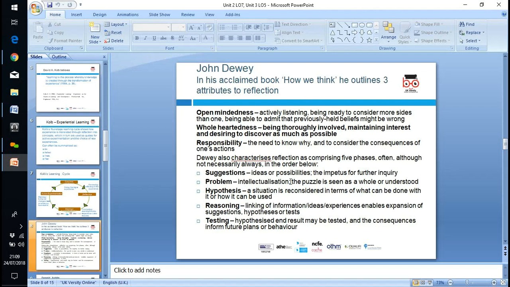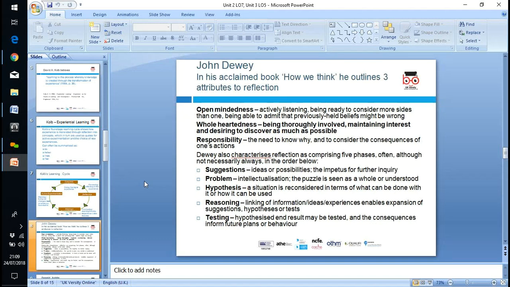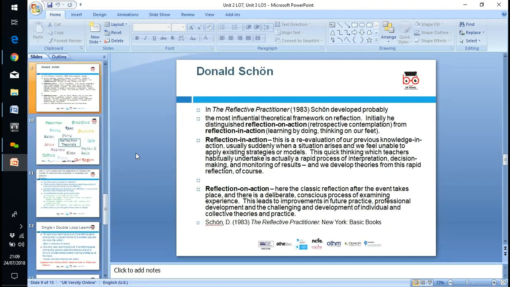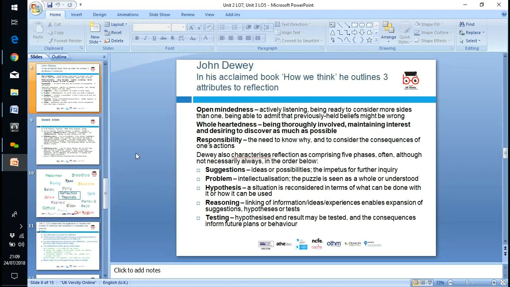So suggestions, looking at problems, looking at hypotheses, looking at the reasoning process, and then testing those hypotheses. And the result may be tested, and the consequence inform future plans or behaviour. I mean, it's complex, really, but quite simply, it's how we actually look at what we've done, reflect upon it, look at where we can improve it, and then put that into practice. So, in simple terms, that's what that's saying.